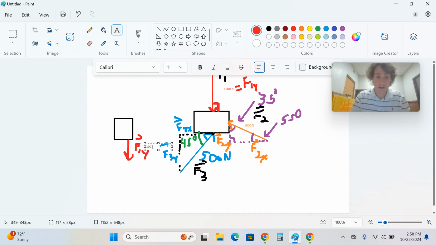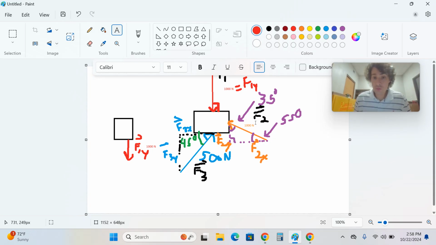This happens to be 1,000 newtons. It's pushing down. You might say, how come it's not negative? Well, because the arrow tells me it's down. That means it's negative. Remember, the arrow is kind of the sign with the number. If you don't have an arrow, if it's just a number by itself, then you have to have the sign. Let me rephrase that. It's F1y, I should be careful there, not F1 technically.